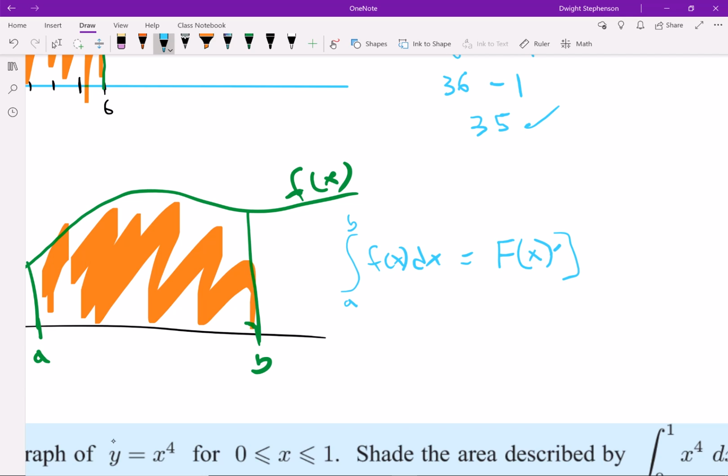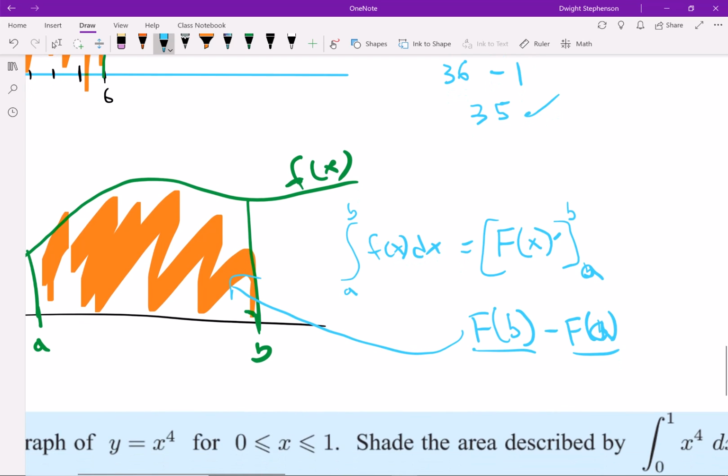And we kept these things, b to a, and then we plugged in the b and we plugged in the a, right? And so that would give us big F of b minus big F of a, which is the antiderivative evaluated at b and the antiderivative evaluated at a. And that actually tells us the exact area under this curve, right?